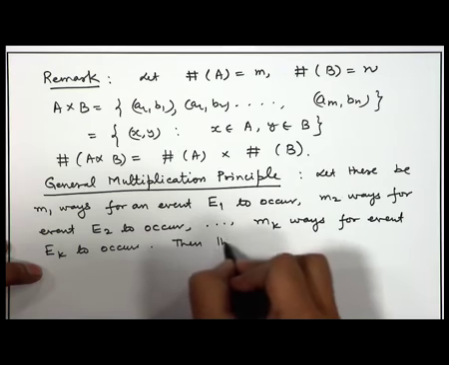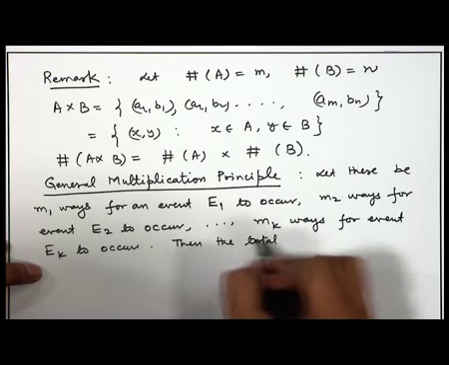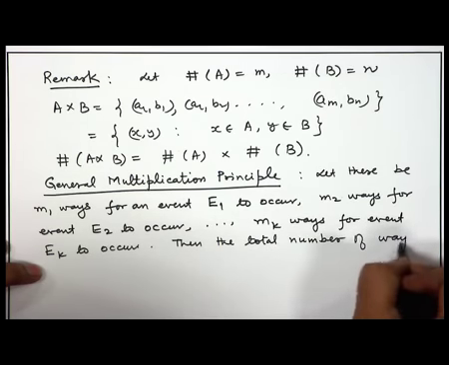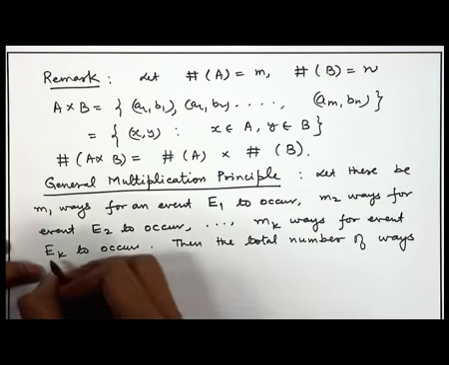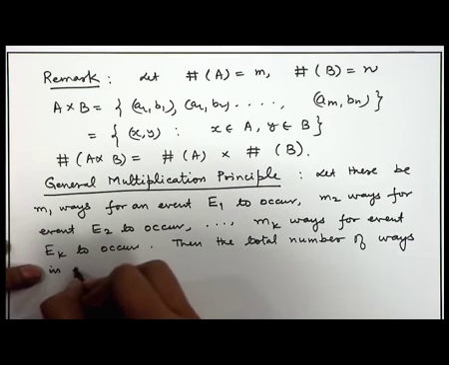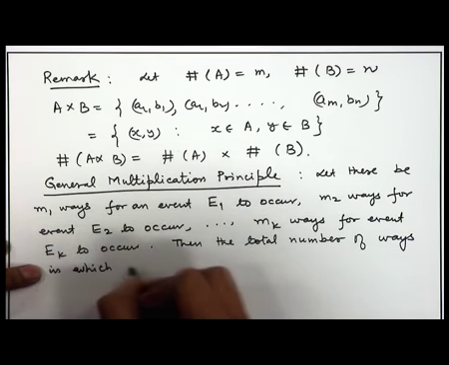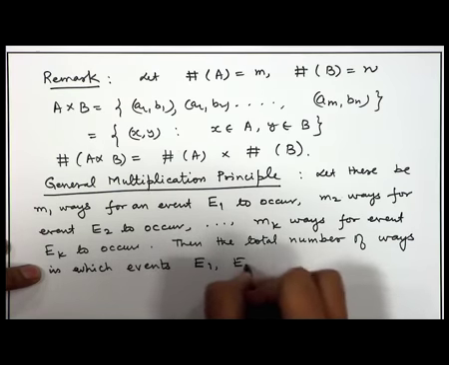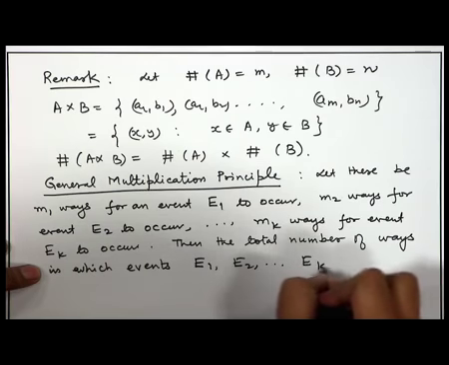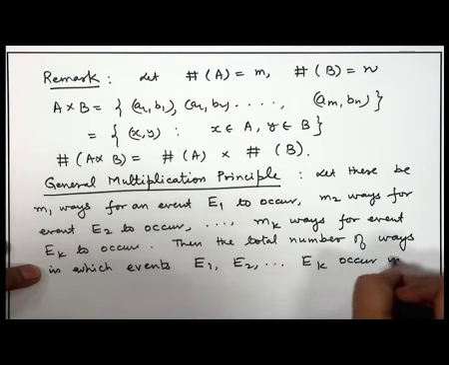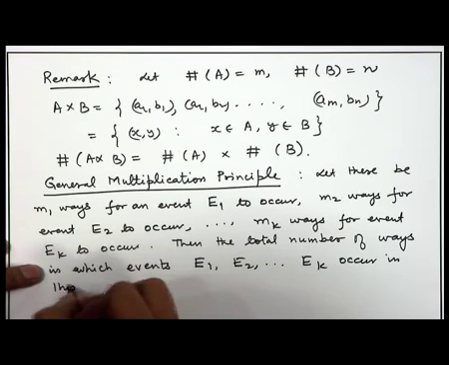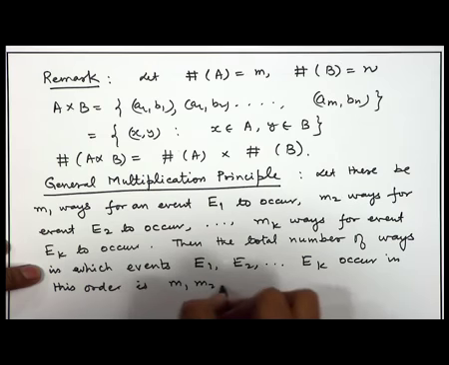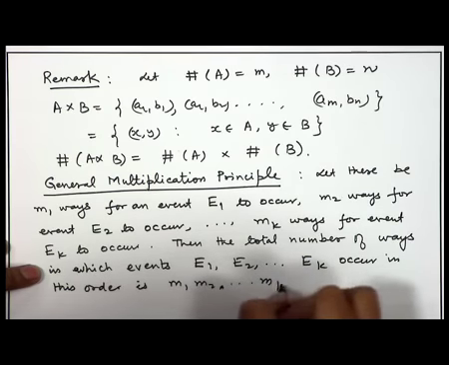Then the total number of ways in which events E1, E2 and so on Ek occur in this order is m1 times m2 times so on up to mk. This is the product here.